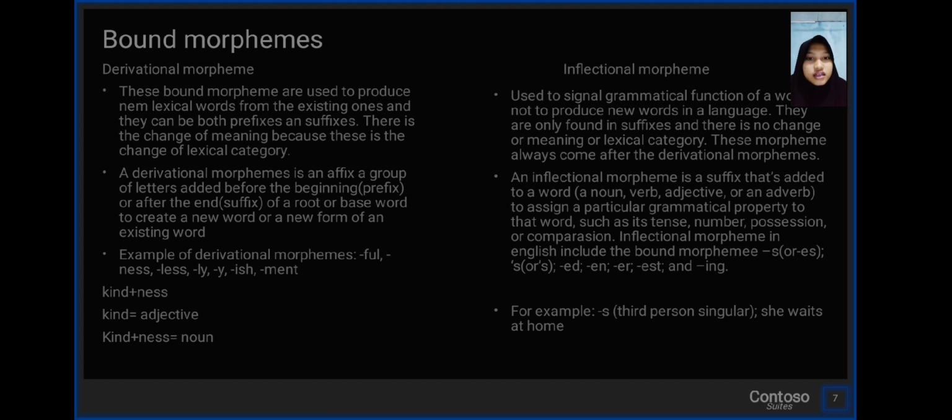Another definition: a derivational morpheme is an affix, a group of letters added before the beginning (prefix) or after the end (suffix) of a root or base word to create a new word or a new form of an existing word.